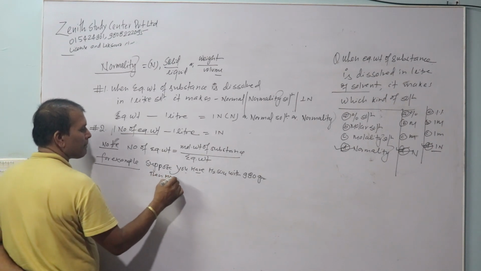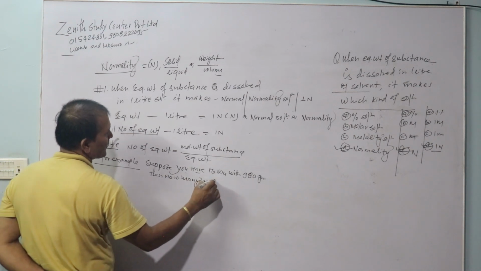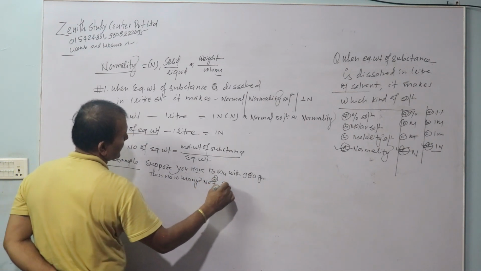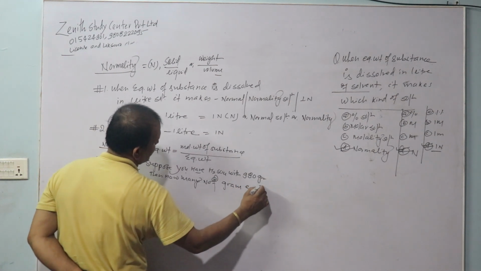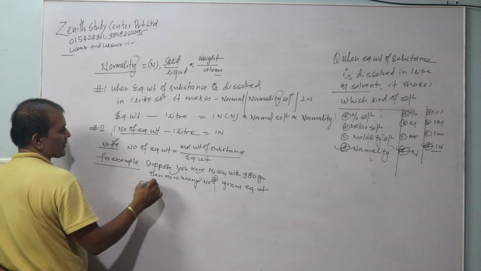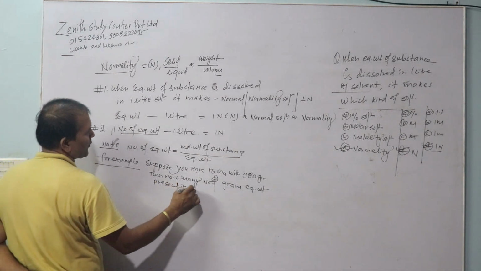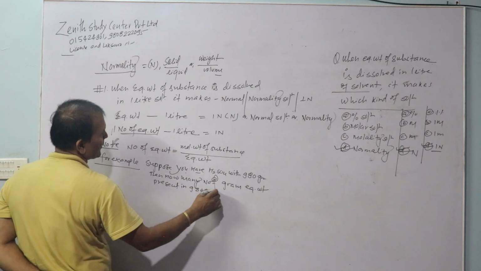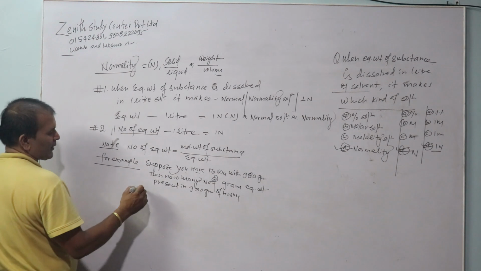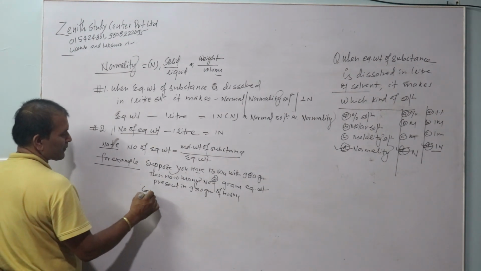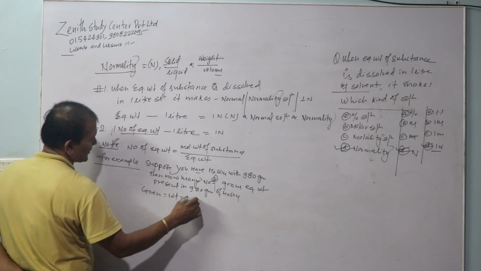How many gram equivalent weights are present in 980 grams of H2SO4? Here the given weight is 980 gram.